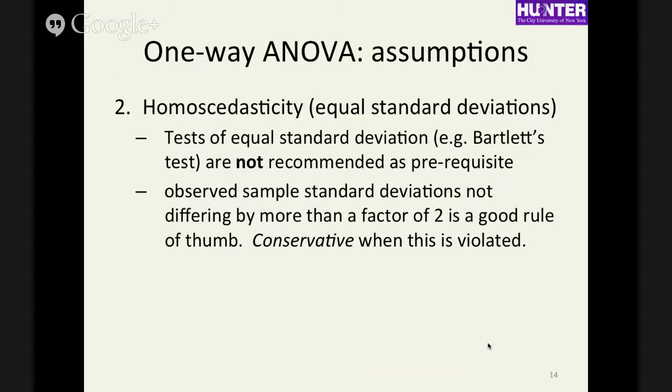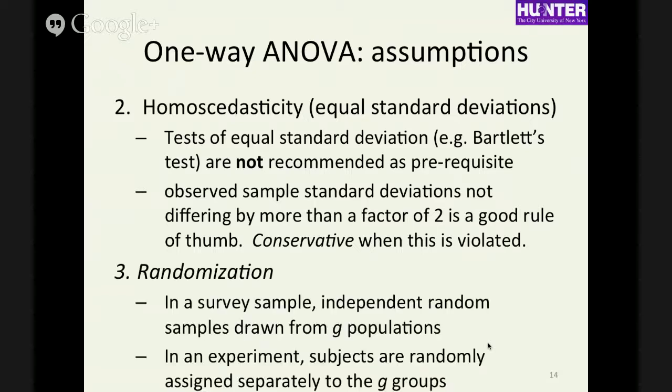But again, the test is conservative when this is violated. So it's a very safe test to do. It's a nice property. And of course, randomization. We always assume that. So it's a prerequisite for every test we do, that the subjects end up in the groups randomly.